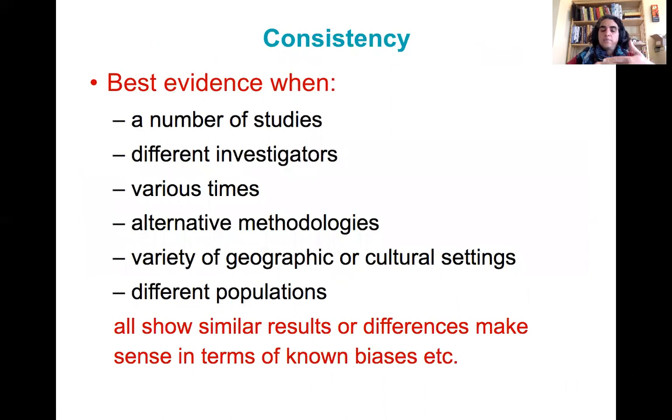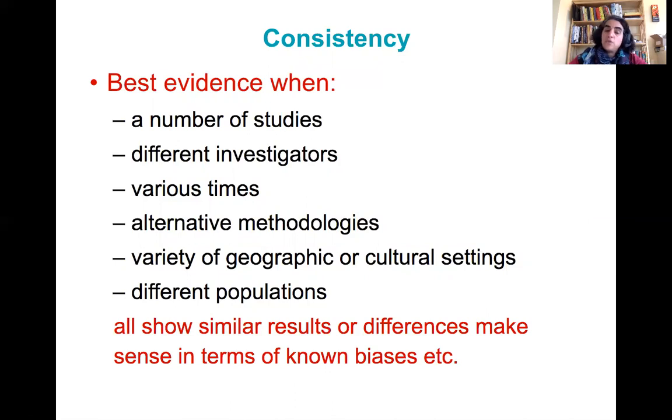So we have temporality, we have strong association. We also look for consistency. This says we like to see not just one study, because studies all have drawbacks, but evidence coming from a number of different studies done by different investigators, because different people will take different approaches, done at different times with different methodologies, case control studies, cohort studies. There's a lot of different ways to design a cohort study. Who is your population? How are you describing the exposure? What confounding factors are you looking at?